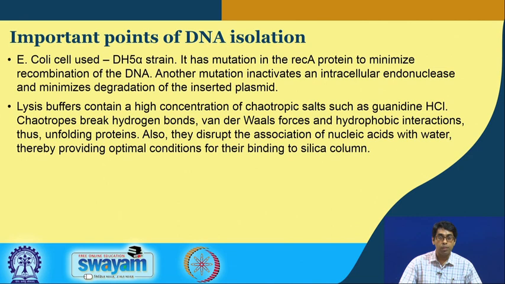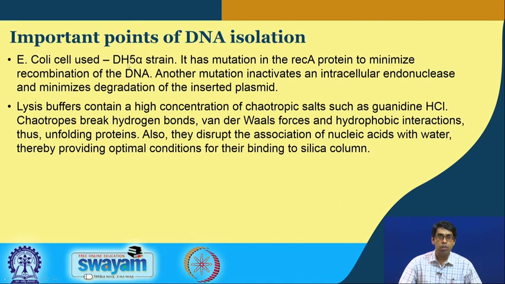We do not grow 1 liter of culture, because if you do that, then you will need a lot of reagent to purify your DNA. So, we go with a very small amount that is absolutely necessary, and it turns out that 5 ml of LB culture gives us enough DNA to work for the subsequent steps in our experiments.